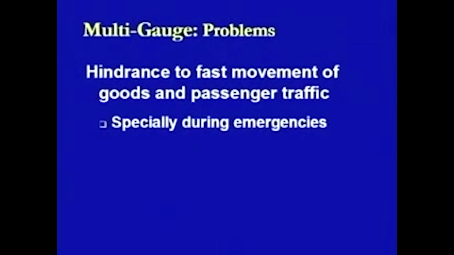And it's a big problem, especially during emergencies. If there is an emergency and there is a big shipment which needs to be transported to that location, and if in between there is a transfer associated, then that cannot be done at a faster or speedier rate. The delays associated with those transshipments are another reason.